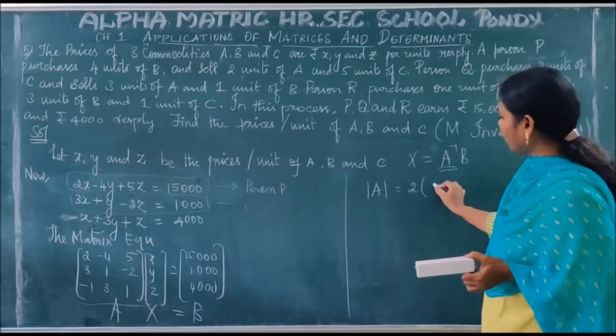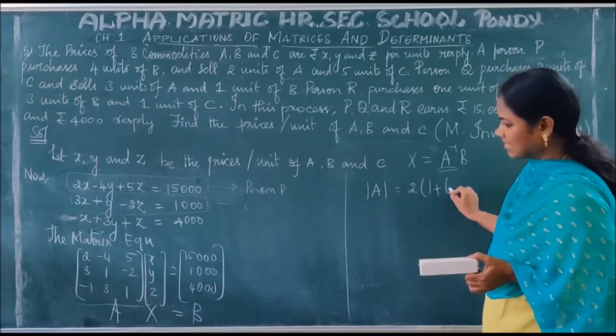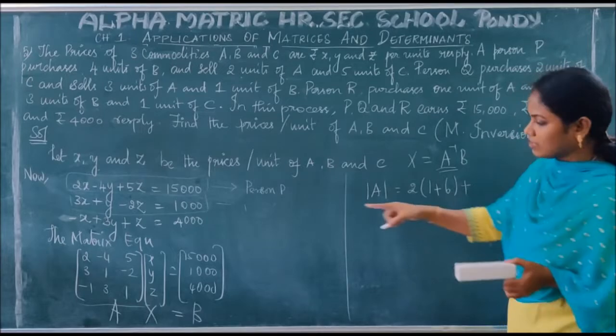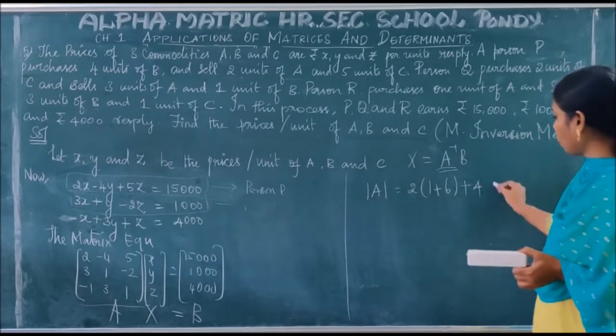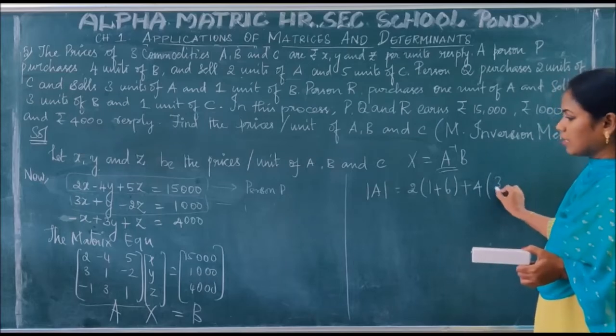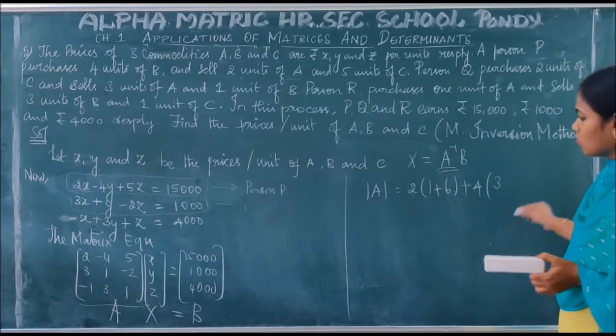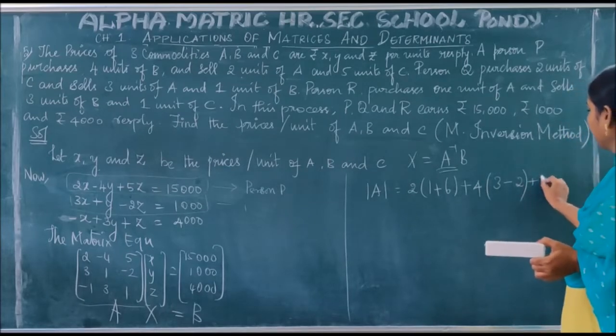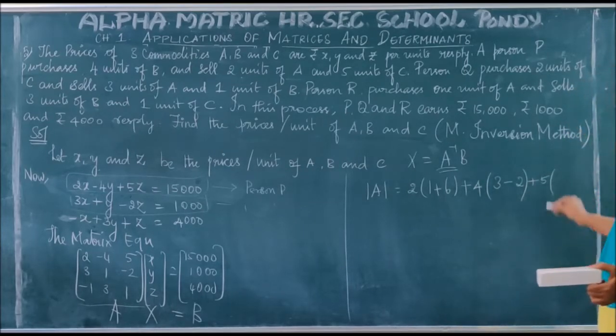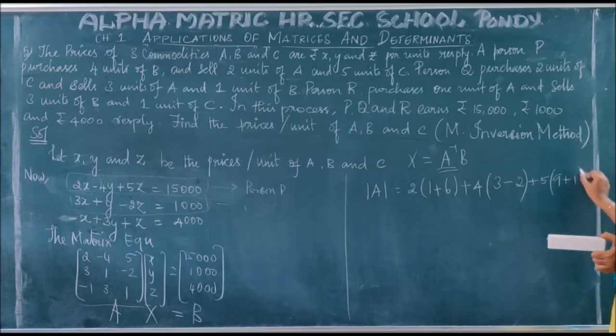2 into minus 1 plus 6, and minus, already we have minus there, so plus 4 of 3 minus 1 minus 2 is 2, so minus 2, again plus 5 of 9 plus 1.